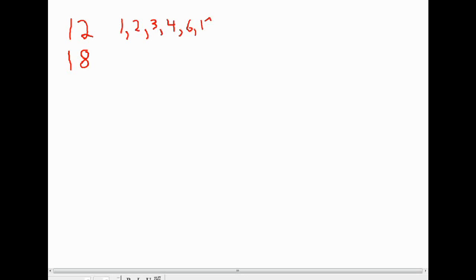Well, when I'm listing all of the factors for 18, I'm going to start with the multiplication questions that equal 18. So I'll start with 1. 1 times 18 is 18. 2 goes evenly into 18 because 2 times 9 is 18. 3 goes in evenly, so we've got 3 times 6.